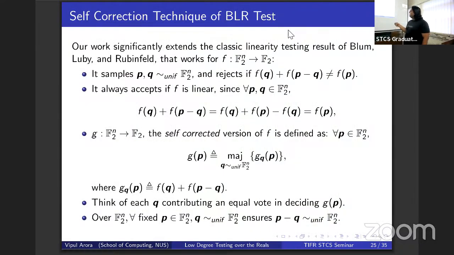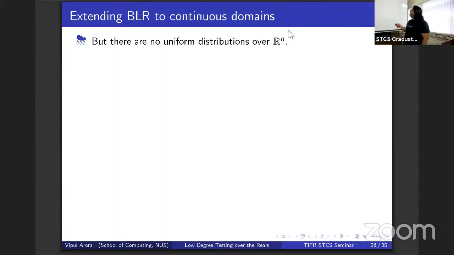The crucial thing that we need for this analysis is, if you notice that over F_2^n, if point P is fixed and Q is sampled uniformly from F_2^n, then the other point P minus Q is also uniformly distributed on F_2^n. We want a similar behavior, but the problem is there are no uniform distributions over R^n.